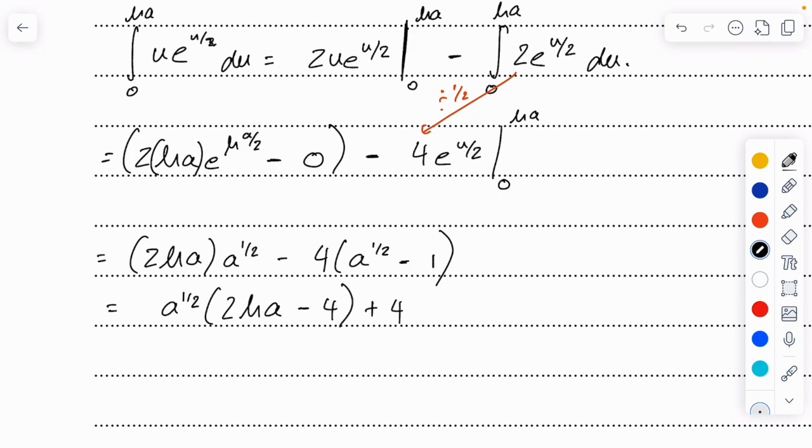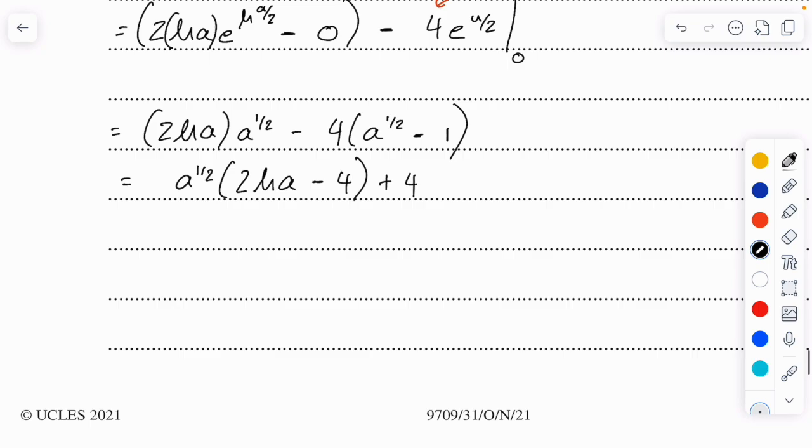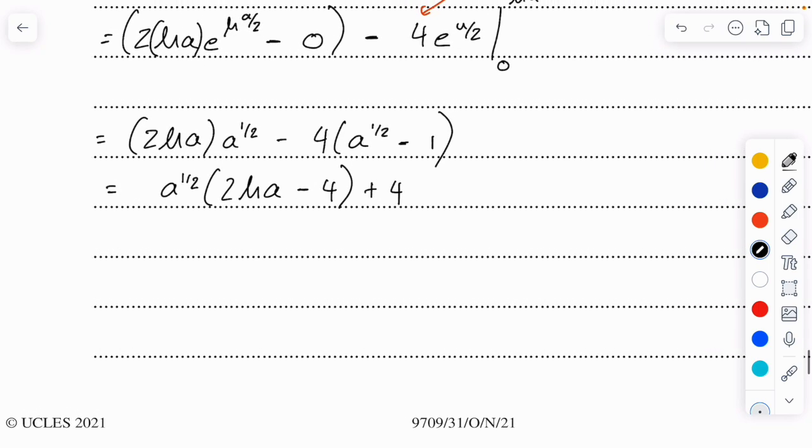Okay, if we factorize this, right? So I'm going a bit quick, but if we expand and we factorize, that's what we'll get. All right. So the next bit is we can say that, okay, we found the integral.